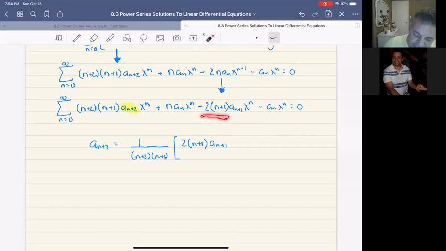That's this term when I move it over to the other side. That term's going to become plus, that term's going to become minus, so it's going to be plus 1 minus n a sub n.